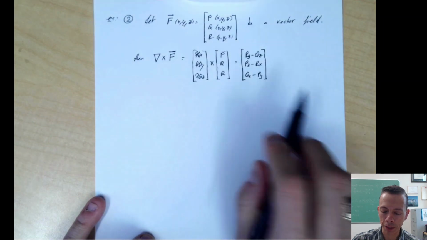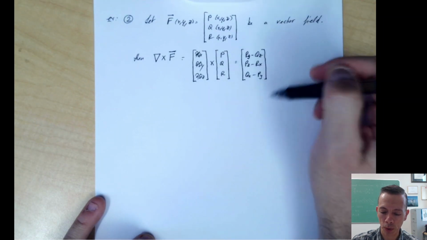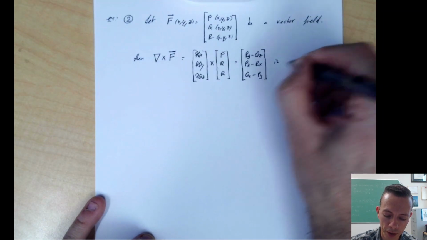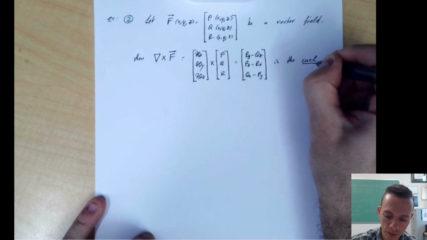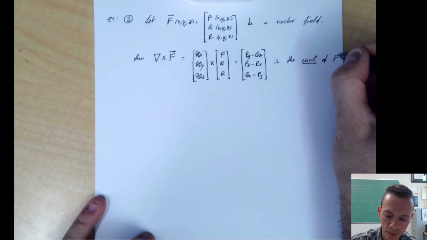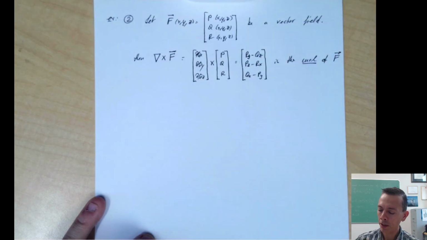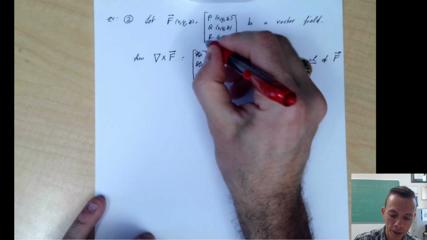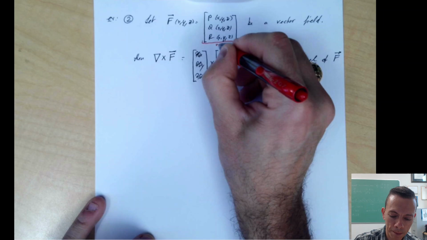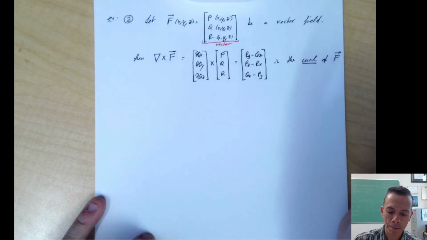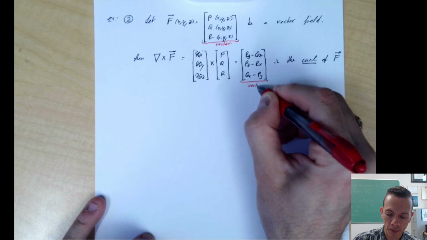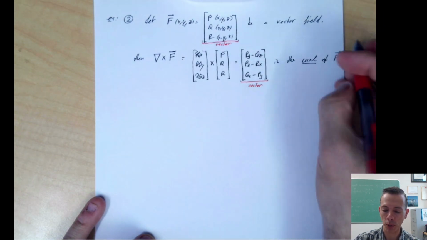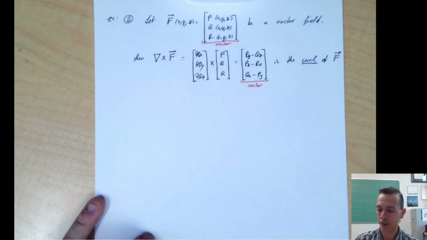So this is a 3-dimensional vector field with these 3 components, and this is called the curl of f. So in this case, we start out with a vector, and we end up with another vector. So this differential operator, curl, goes from vector to vector.